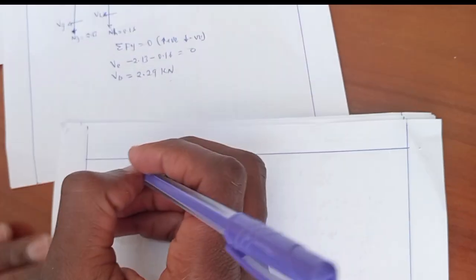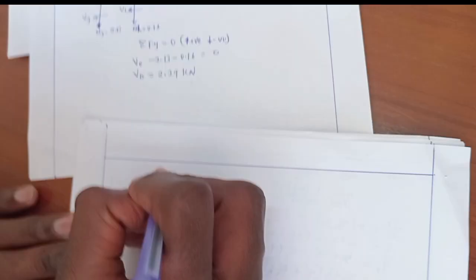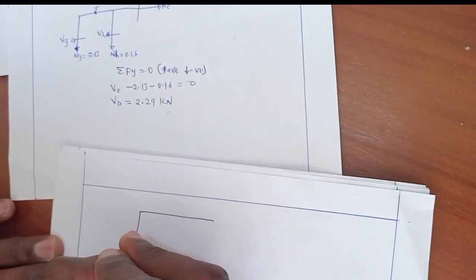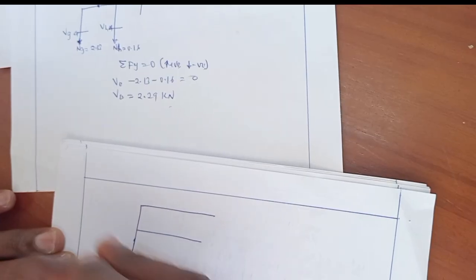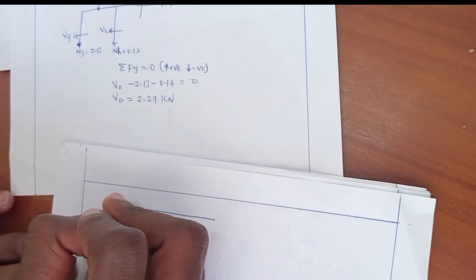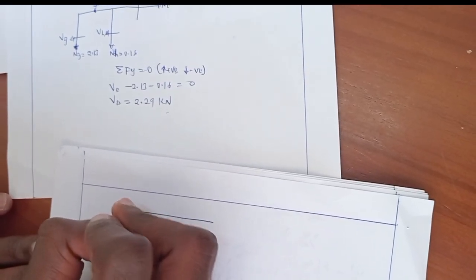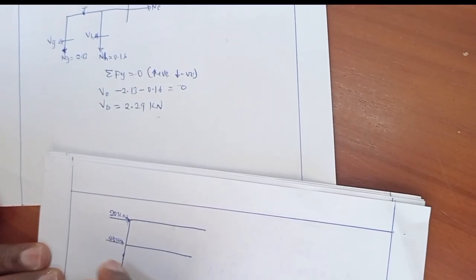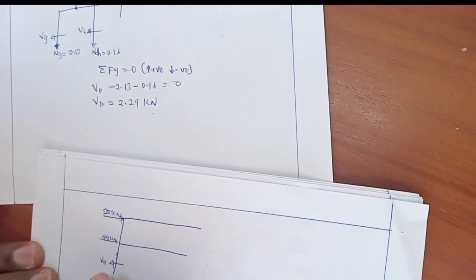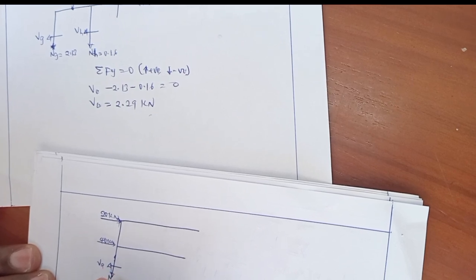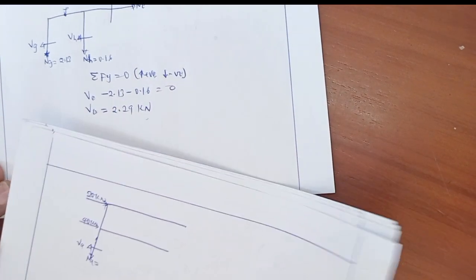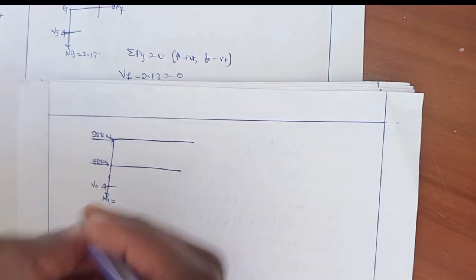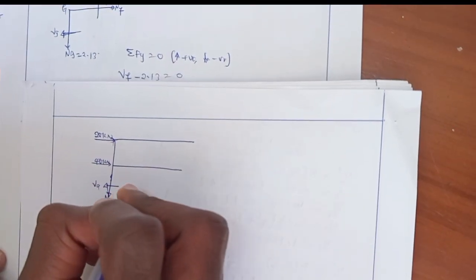Also consider level 2, it will be in this way. For level 2, here was 20 kilonewton, 40 kilonewton, this was VA, NA, which was 10.66.